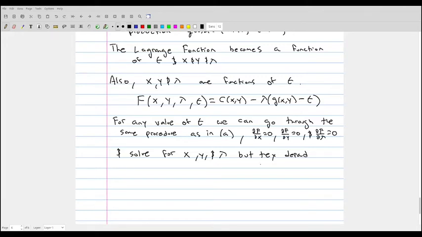Or another way of saying that is that they are functions of t.